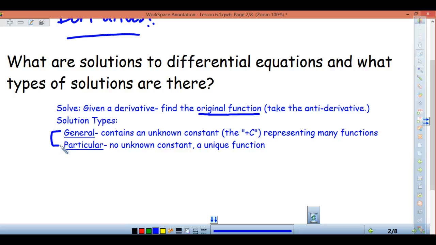They're all in a certain family of functions, but it's not referring to one specific function. Whereas the particular solution, you found what that constant is, and so your answer is a unique function, or just an exact or a particular answer. So that's where particular comes in. So the general solution has an unknown constant in it, and a particular solution does not.